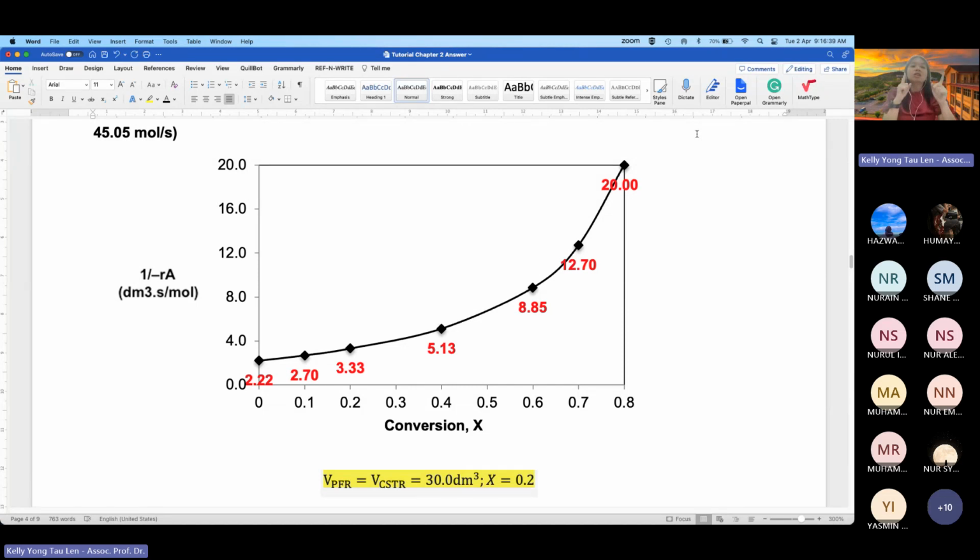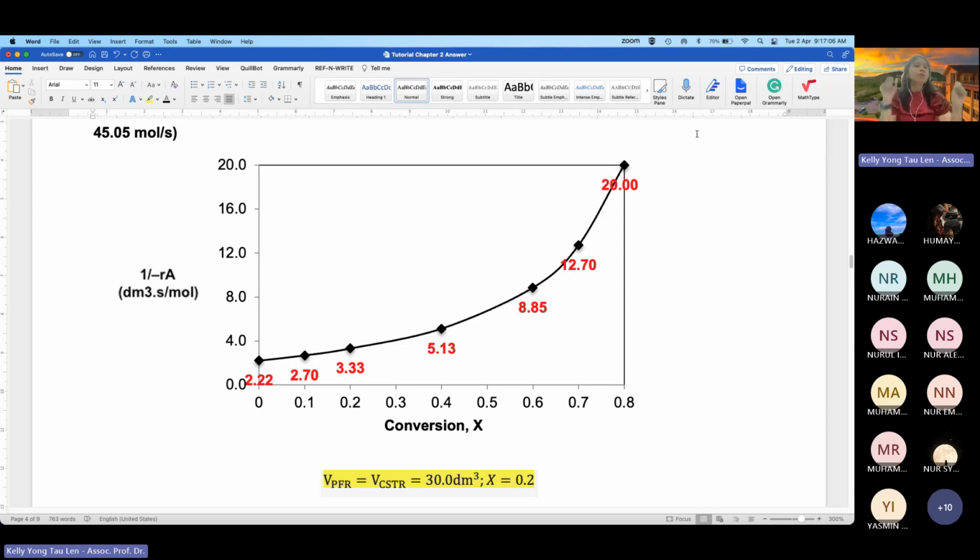Up to chapter 2, you have learned the design equation for the single CSTR and the design equation for the single PFR. You know that these two equations will have the volume, so you can already correlate that these two equations will definitely be involved because you are given the volume.